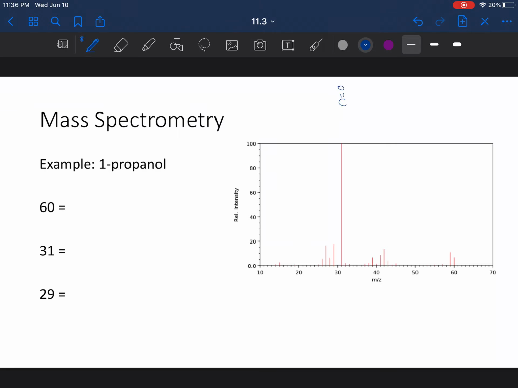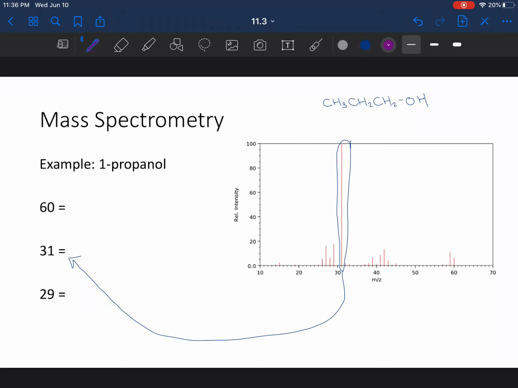1-propanol. Okay. Remember what I said? Today, we are interested in this peak, which is 31, and I'm interested in this peak, that is 29, and let me just tell you why.